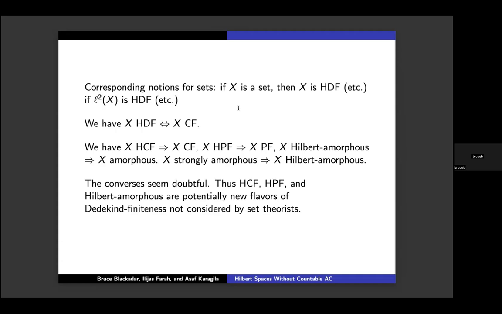We say that the set X is HDF, or for the other ones, if L2 of X is HDF. So HDF is not very interesting. It's just equivalent to being CF. But the other ones we think are new. They're potentially new flavors of Dedekind finiteness that maybe set theorists are going to be interested in.